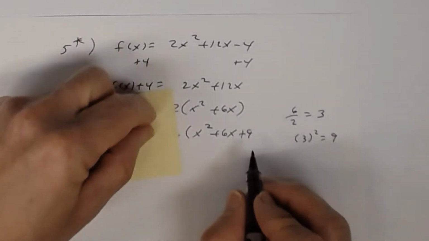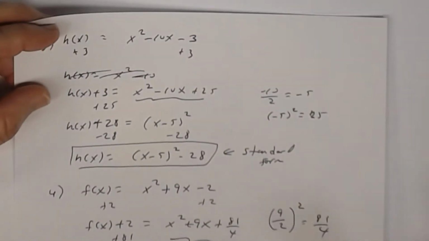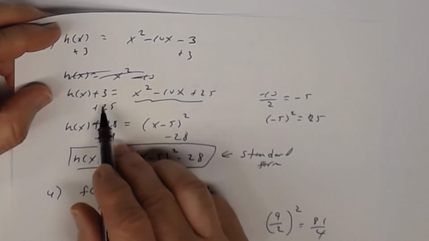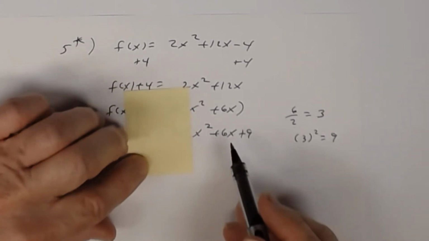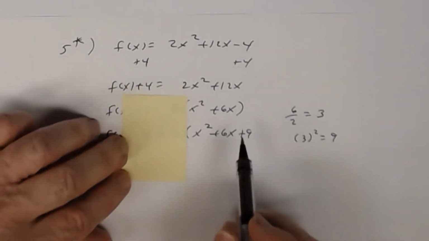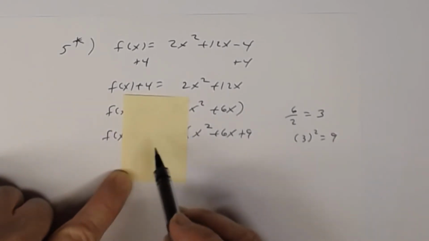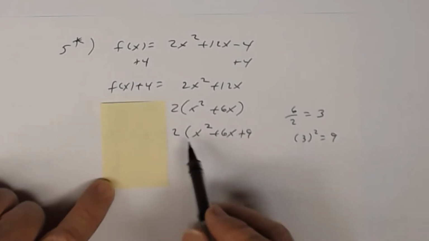Now be very careful. In a previous problem, when you completed the square, you added 25 on this side also, right? Okay, so that is what you did in previous problems. But I want you to remember, don't add 9 to both sides, because this 9 is also being multiplied by 2.